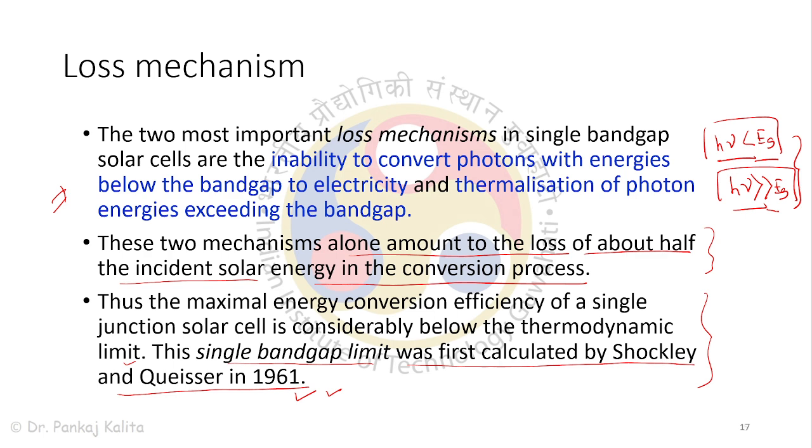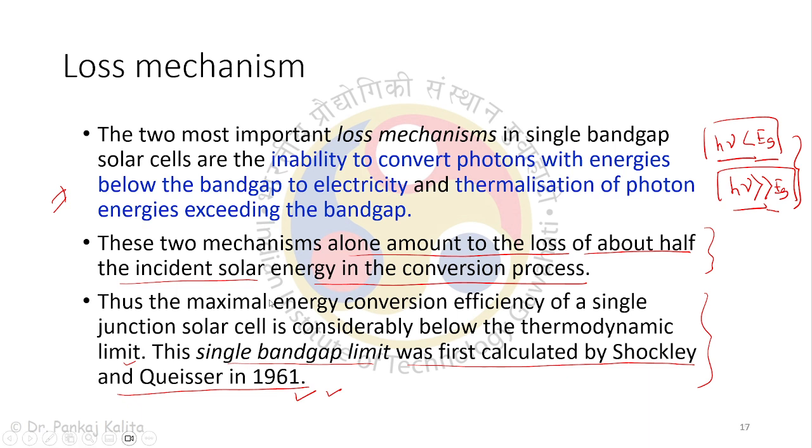One is the inability to convert all the incoming photons into electricity, since photons with energies below the band gap cannot be converted. The second loss is the thermalization of photon energy exceeding the band gap. About half of the incident solar energy is basically lost in this conversion process.